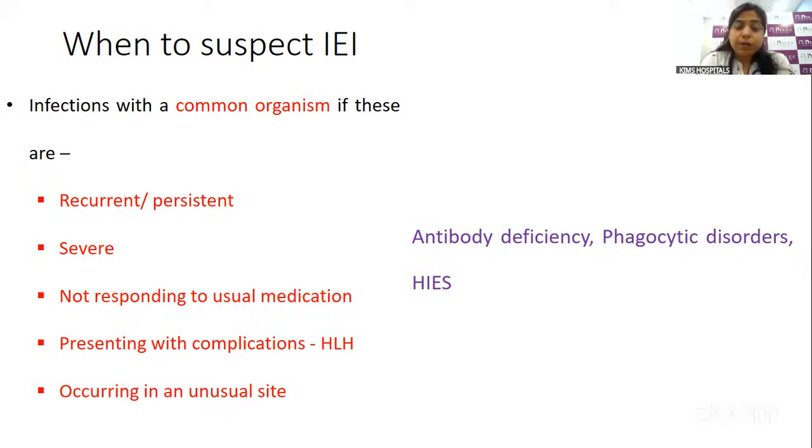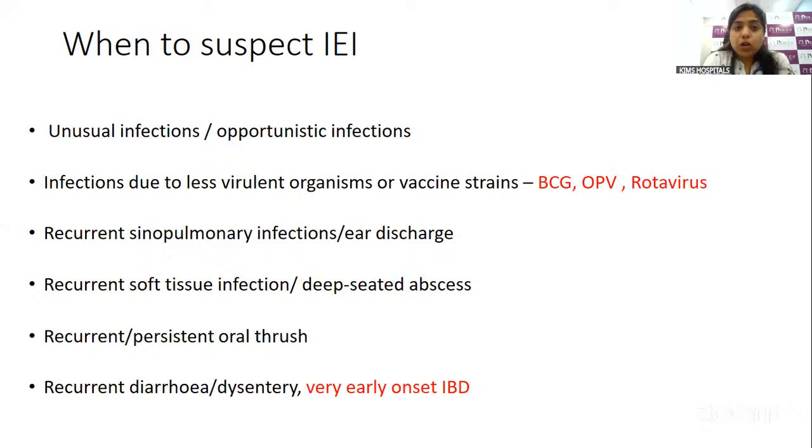So we should always suspect even with a common organism, if they have recurrence or a severe manifestation. We all know that with an unusual or opportunistic infection, we have to suspect inborn error of immunity. Infection due to a less virulent organism, like the first case, due to the OPV vaccine, or due to BCG that has led to a disseminated BCGosis, or a rotavirus vaccine leading to rotaviral infections, in those cases also we should suspect inborn error of immunity.